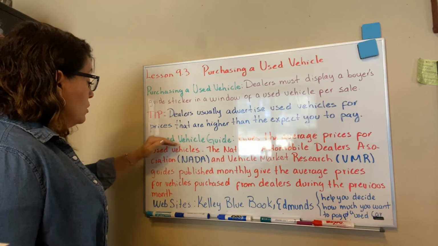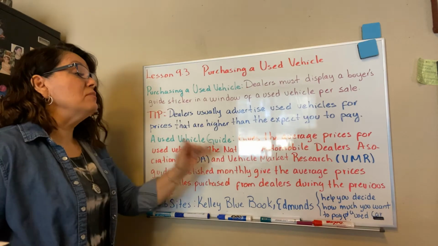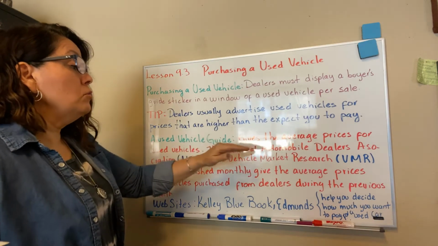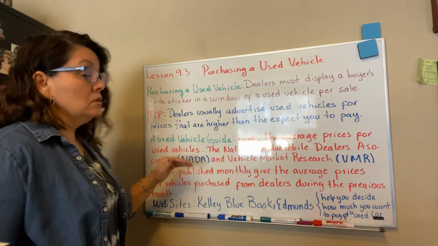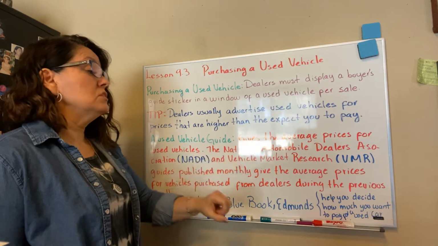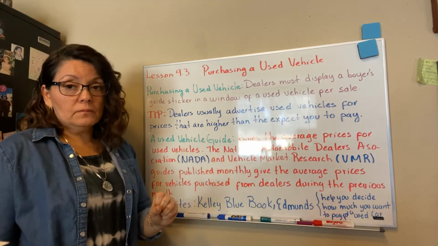By using a used vehicle guide. What is this? It gives us the average price for used cars. The National Automobile Dealers Association, NADA, and the Vehicle Markets Resource, the VMR, guides are published monthly, okay?